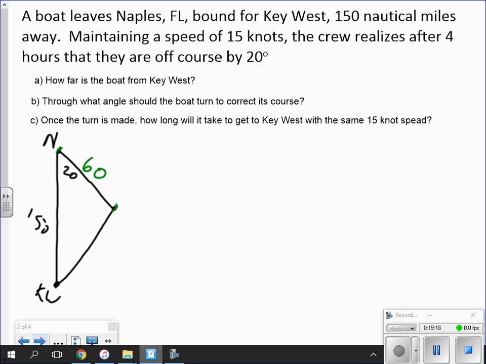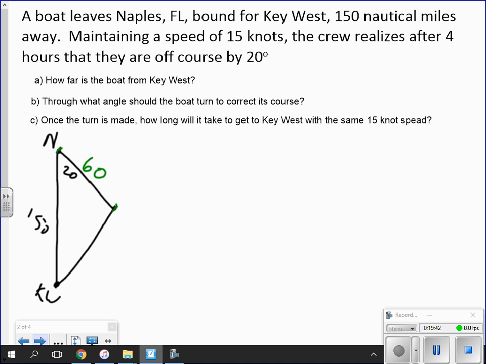That's how far they've gone. Distance equals rate times time. Wait, what is the unit for the knot? Is it like 1 knot? I believe that's what it is. Knots are for speed, and nautical miles are essentially the same thing. Yeah.